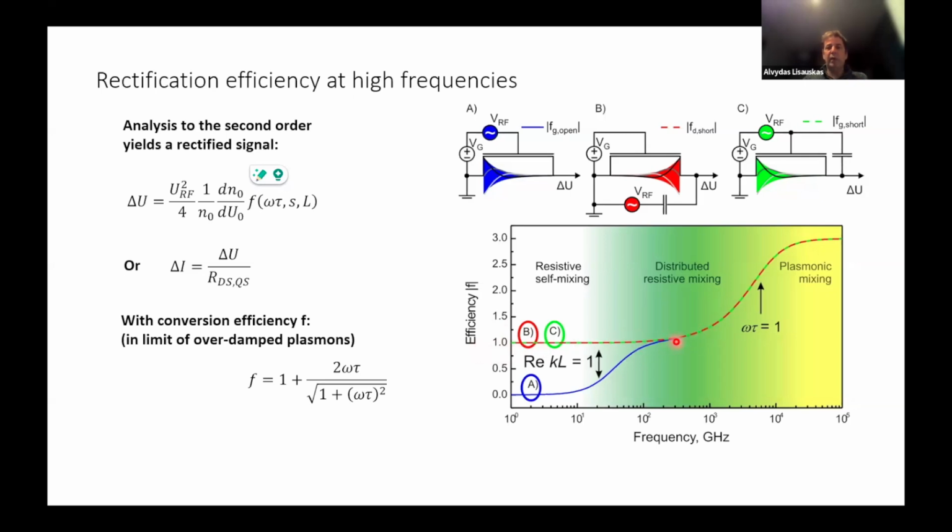What was not well known, and was a big surprise, is that it would go here, and even if the plasmon is really overdamped, it goes into some saturation, where this efficiency factor is higher. So that was a big surprise. That intrinsic phenomenon does not cease with frequency, but is actually slightly even improving.